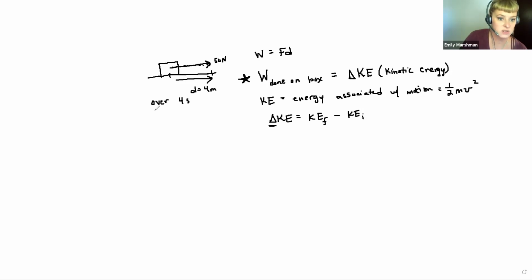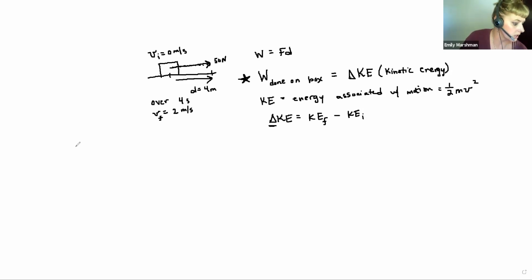The final speed of the box, the magnitude of the final velocity, is 2 meters per second, and it starts from rest. So the initial magnitude of the velocity is 0.